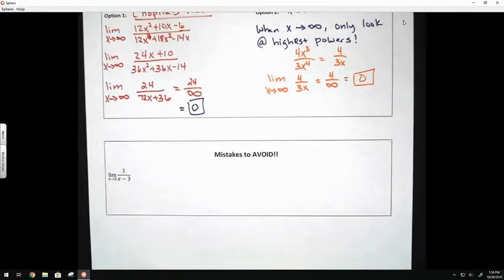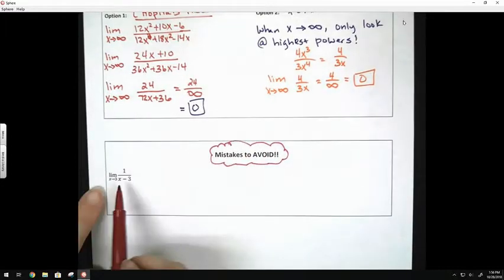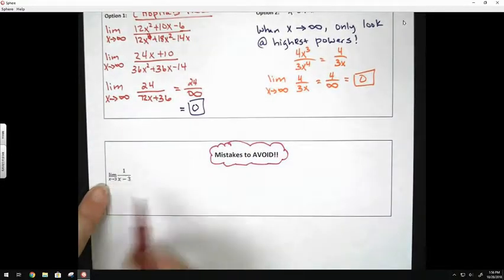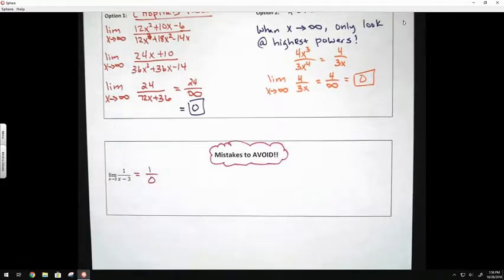The very last thing I want to talk to you about is something that you need to be very, very careful of, okay? When we look at the limit as x approaches 3 of 1 over x minus 3, that equals 1 over 0. That is not an indeterminate form.